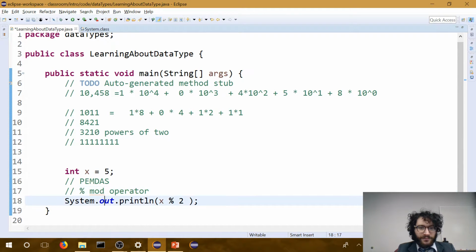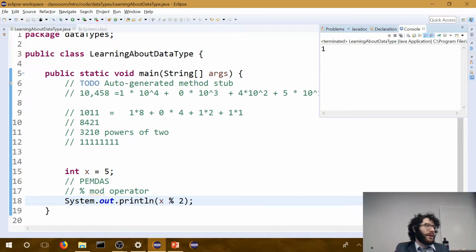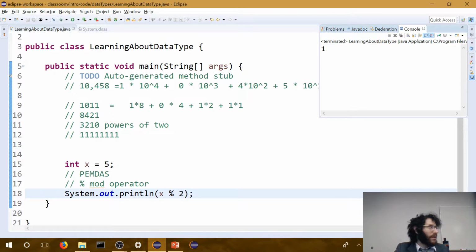So we are saying 5 mod 2. This is asking, what is the remainder after we divide 5 by 2? And the answer to that is 1, right? It divides evenly twice, and what's left over is 1. That makes sense to everybody so far?